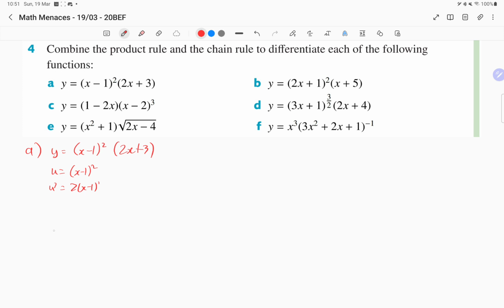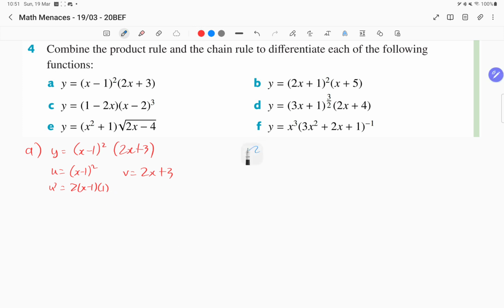Oh, yeah. So yes, that is what you need to get to. But that's already the derivative. So when do you use the chain rule? It's in that one. You just use the chain rule. It's 2 times (x take 1) to the power of 1, and then times 1, right? Because when you derive x minus 1, you get 1 plus 0. So technically it's this.